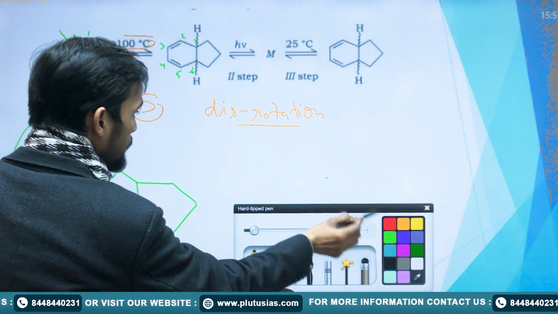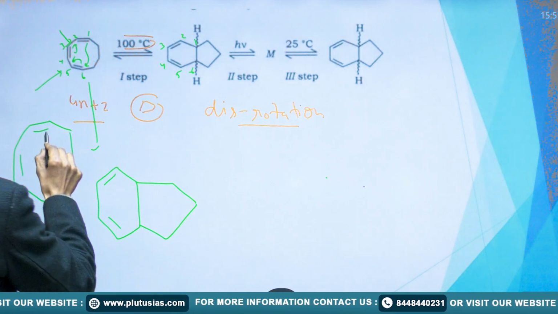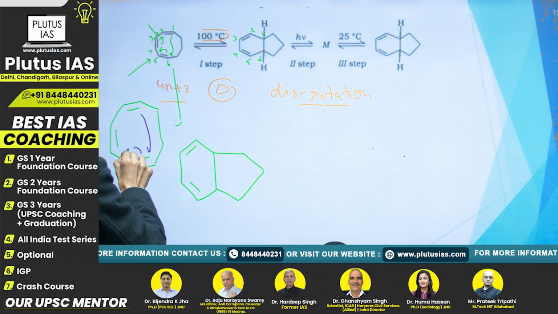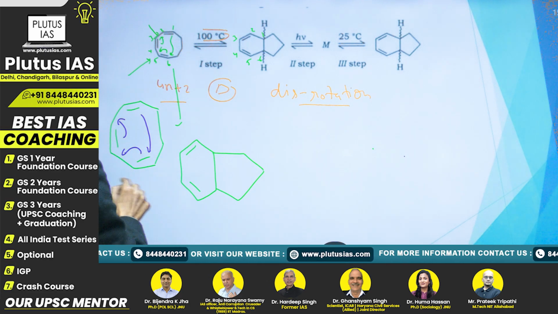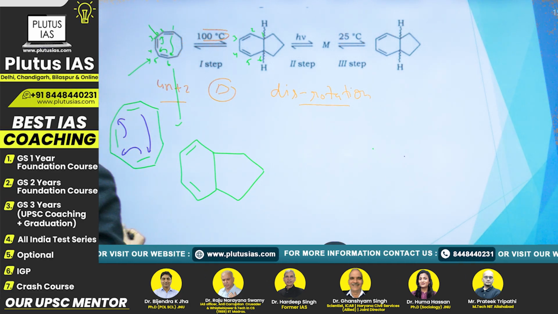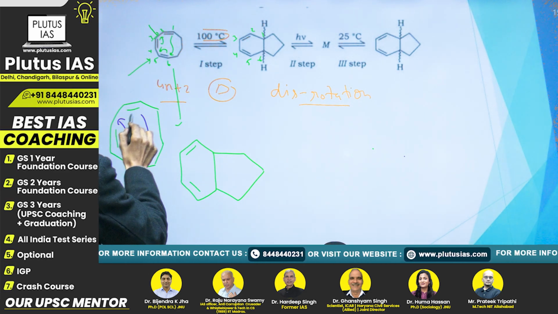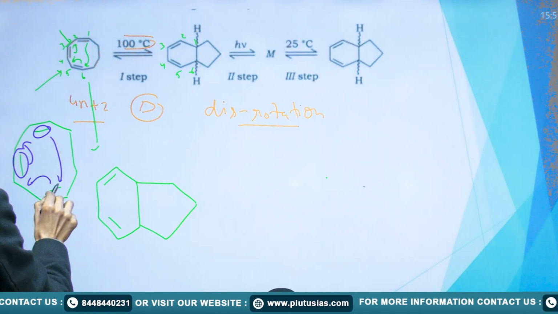So bond rotation is not that typical a thing. This bond comes over here, so we can see electrocyclic rotation here, with 4n plus 2. These 3 bonds are involved.